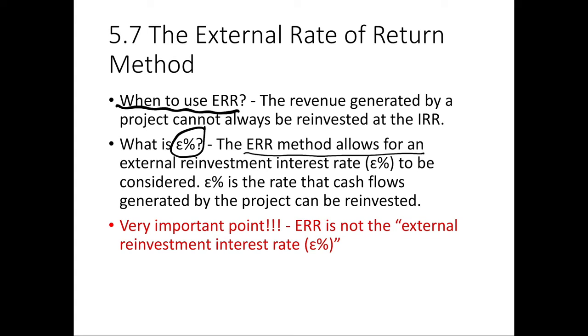So epsilon percent is the rate at which cash flows generated by the project are reinvested externally. Another very important point is that the ERR, external rate of return, is not the epsilon percent. They are different concepts. Don't get confused, okay? Don't confuse these two things together.